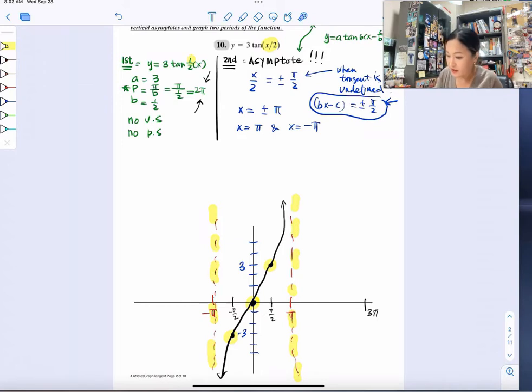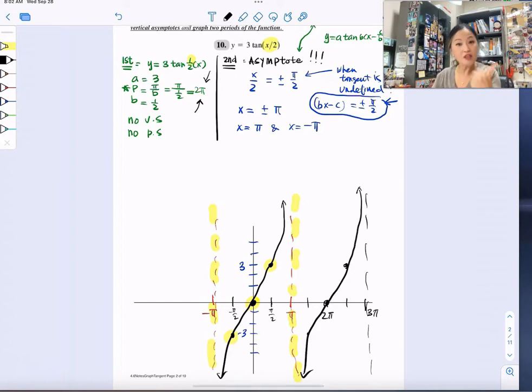Actually, you guys see how from here to here it's 2 pi? From here to here is 2 pi. So every 2 pi there becomes an asymptote. And what happens? At 2 pi, that must be our 0. At 3, and then 3. So you can see how you can label those. And I go down 3. And this graph happens again here.